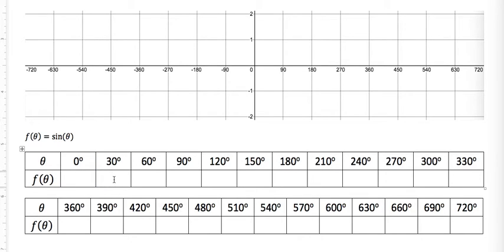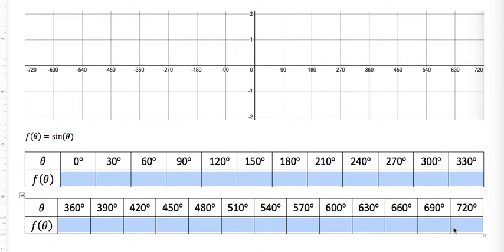Sine of 30 degrees, sine of 60 degrees, sine of 90 degrees. So write it in here. What I'm going to suggest is that you do this on a calculator, and in these spaces write your answer as a decimal approximation.